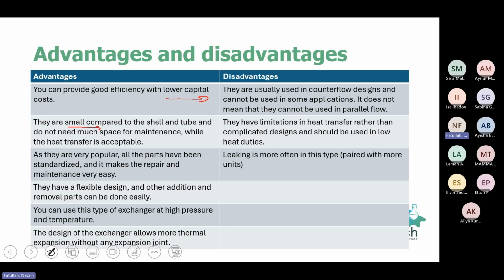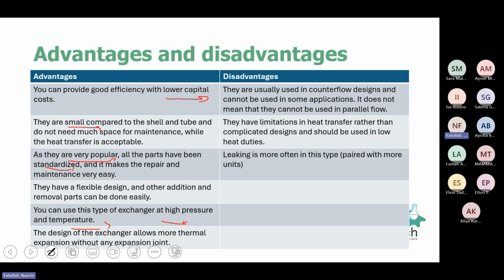It means there is no need for so much space, and it's very popular in industry and standardized. Maintenance and repair are easy, because the parts can be found easily, rather than searching for a long time.